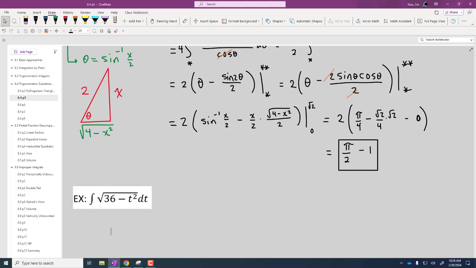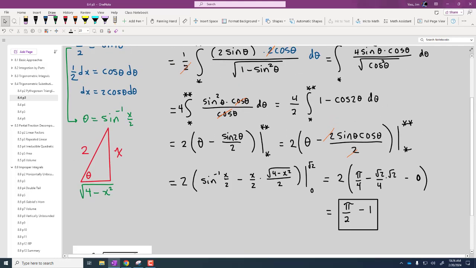Go back to the step where you're subbing in the square root of 2 with x over 2 and then square root. If the square root of 2 goes in here, we get root 2 over 4. Right there, root 2 over 4. And when the square root of 2 goes into the square root, square root 2 squared is 2, 4 minus 2 is 2, so that's how we get that root 2.